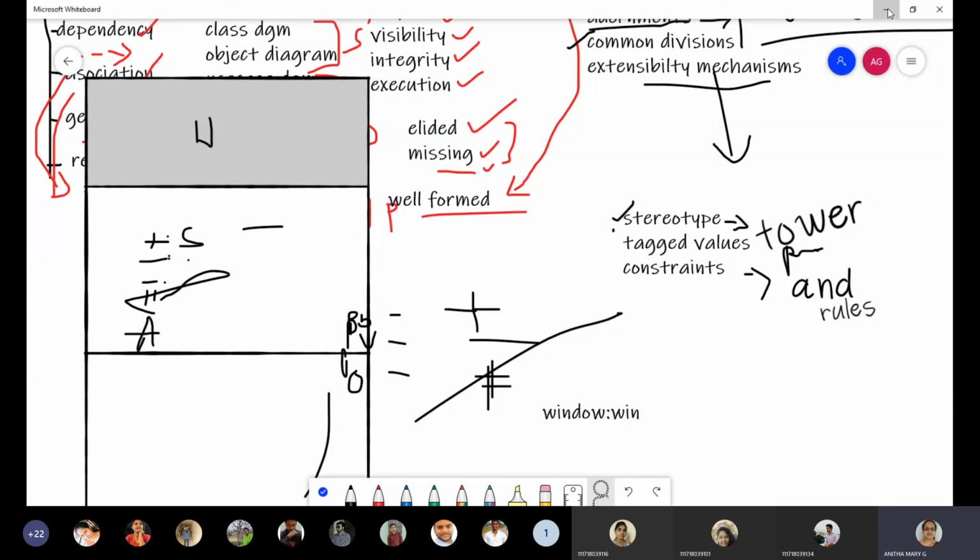So then I give within the curly braces and I specify what the version, author and all are. Giving more details about a particular class is nothing but extending the properties. What are extending properties? They are nothing but the tagged values. And then moving on to the third one, constraints, adding rules.